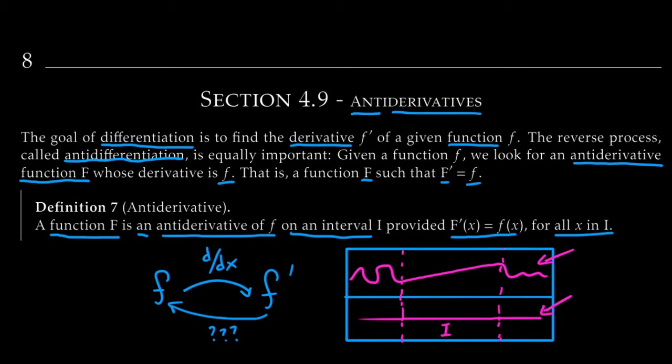Over here, no, not working at all. But on these intervals, this guy is an antiderivative of the bottom guy. So it's totally possible to have an antiderivative only on an interval, not on the whole thing.